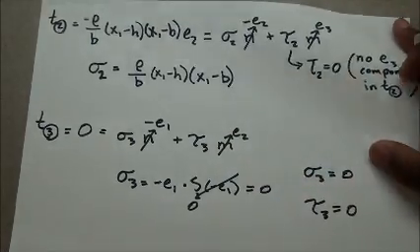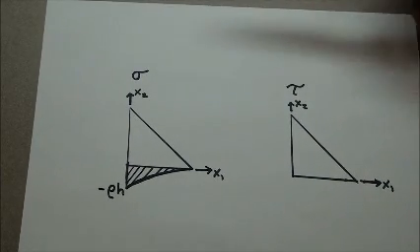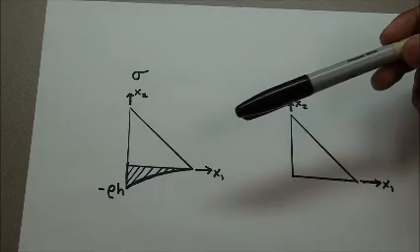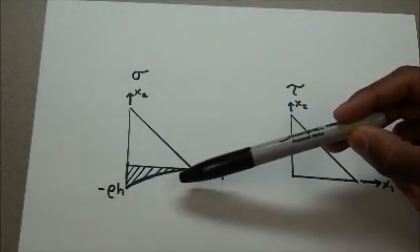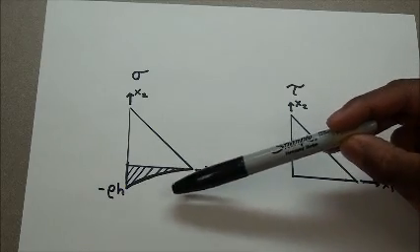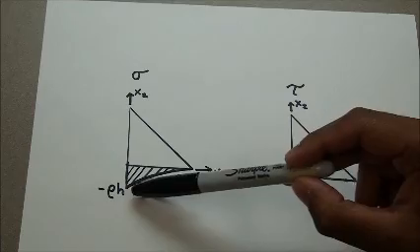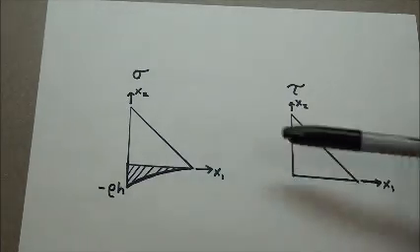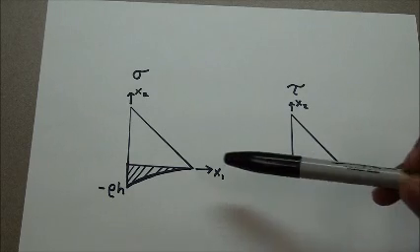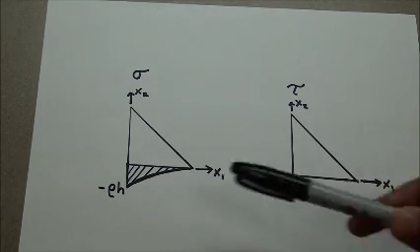To summarize, we have these graphs showing that the only nonzero component of the stress was the normal component on face 2, and it goes from negative rho h to 0 with a quadratic shape, just for the second face.